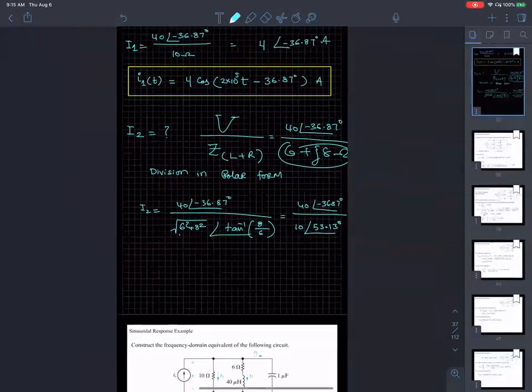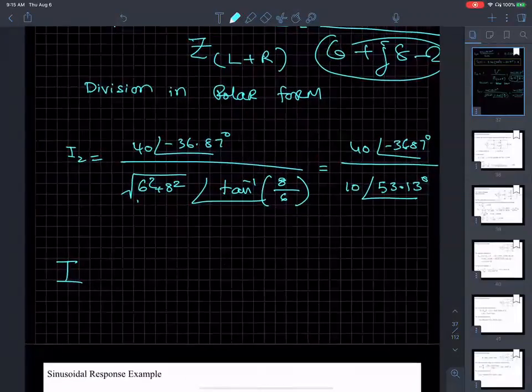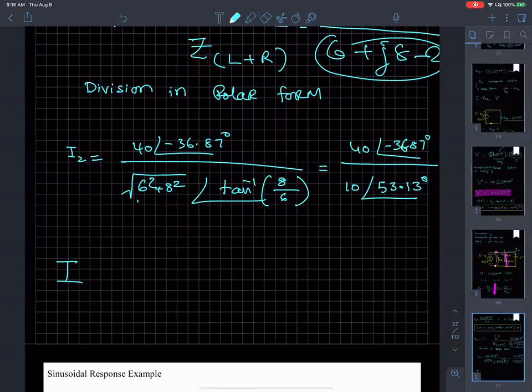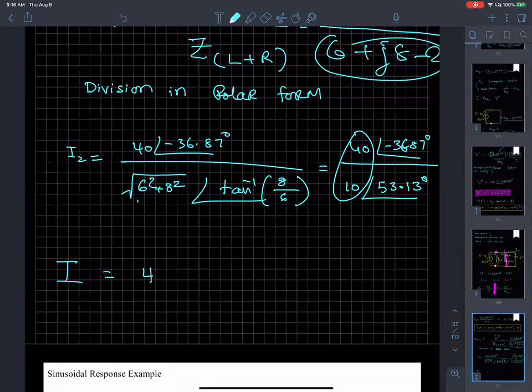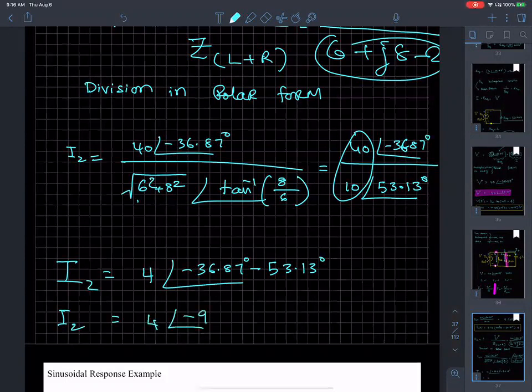Now it's easy to solve this division in polar form. You simply divide 40 by 10, which is 4. And for angles, all you have to do is negative 36.87 minus 53.13 degrees. So I2 comes out to be 4 angle negative 90 degrees amperes.